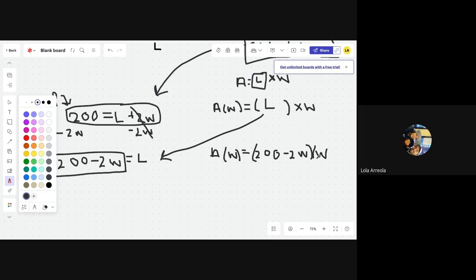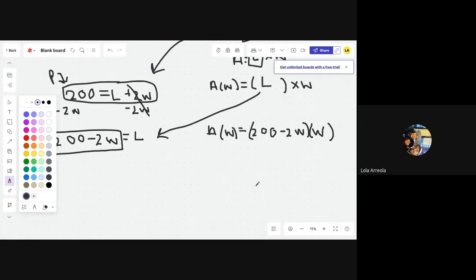They're being multiplied. Times W. Okay, now I'm just going to simplify my area function by expanding it. So just multiplying it out.